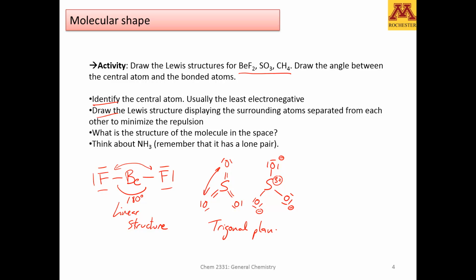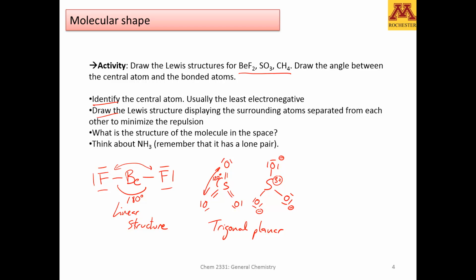Trigonal planar means that the four atoms will be on the same plane. Sorry, I'm erasing more than what I want. All right. The angle here is 120 degrees. Of course, 120, 120, and 120 is 360. That would be the whole circumference.